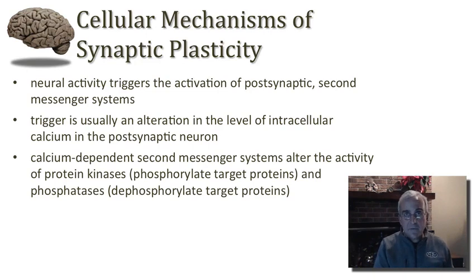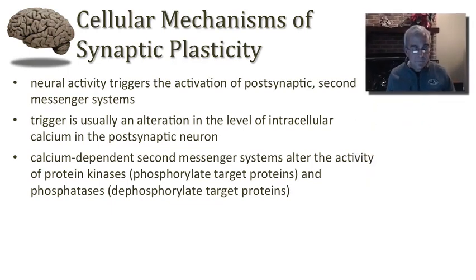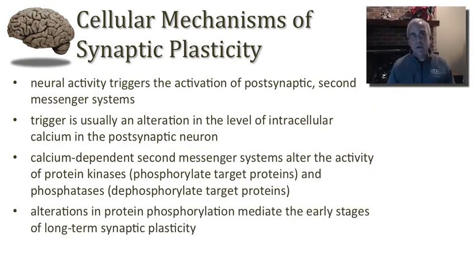Either protein kinases, which tend to turn on target proteins through phosphorylation, or protein phosphatases, that tend to inactivate target proteins through dephosphorylation. So this alteration in protein phosphorylation is very important in mediating the early stages of long-term plasticity, because what is happening here doesn't involve the generation of new proteins, just the alteration in the structural and functional competency of existing proteins.